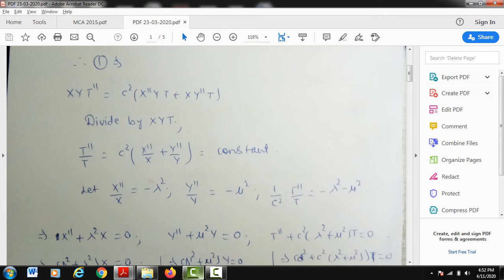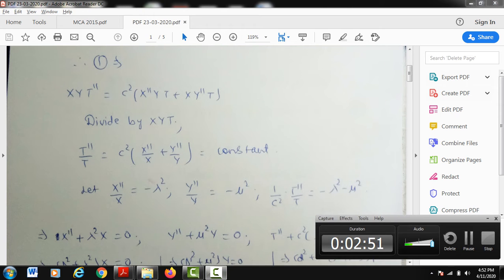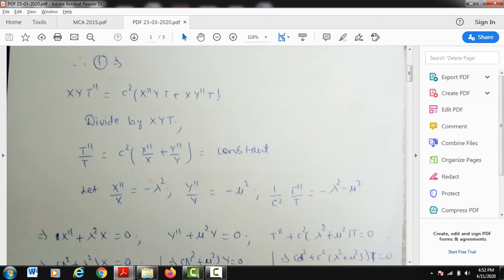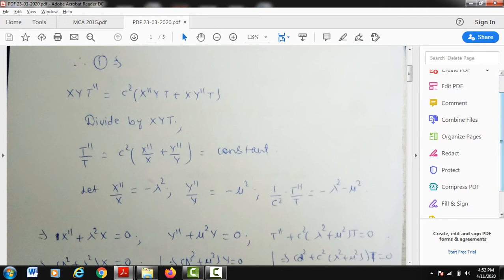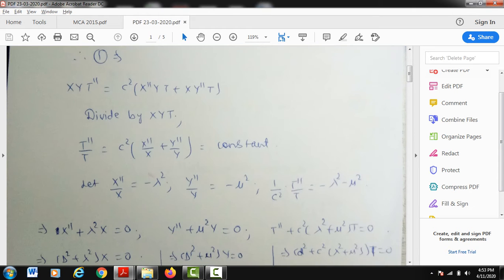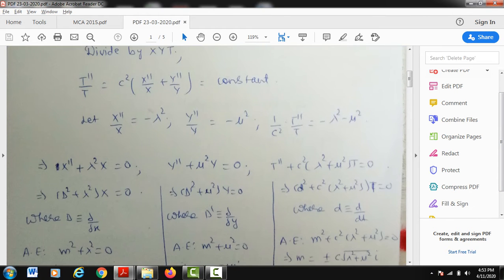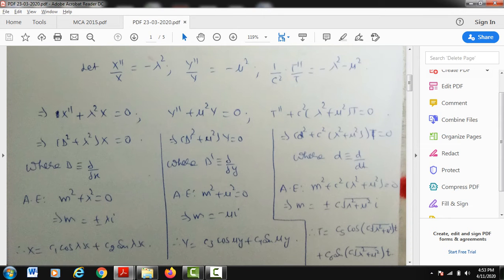Because in the lectures on the derivation of the wave in one dimension, we concluded that the solution always comes out when the constant is equal to −b², where b is positive. That is, when the constant we take is negative. So that's why I have taken X''/X = −λ², Y''/Y = −μ², and (1/c²) T''/T consequently equal to −λ² − μ².